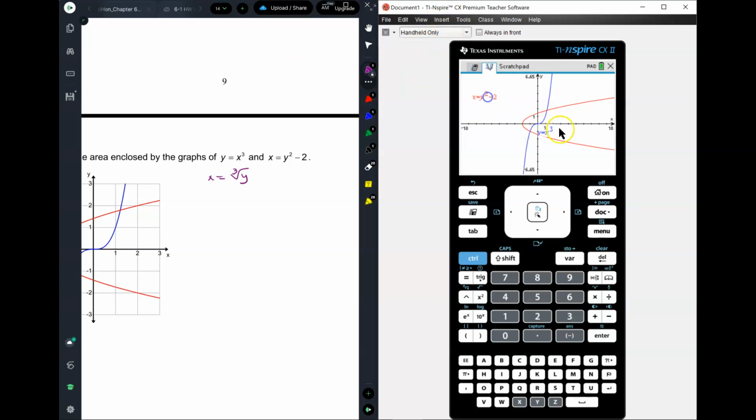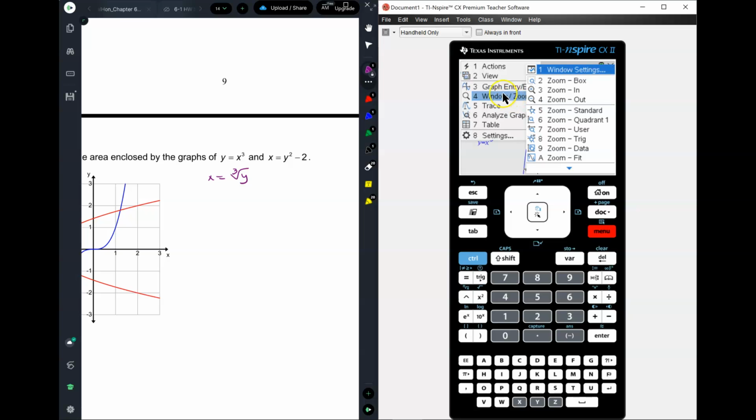It says I have a press to test graphing restriction. That's from 2019. You come see me afterwards, I'll fix it for you. Okay. Menu, graph entry edit.